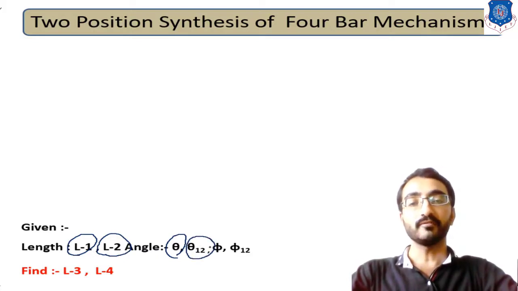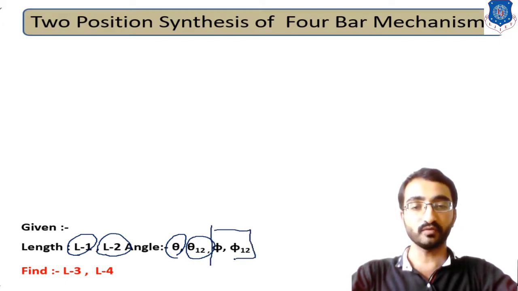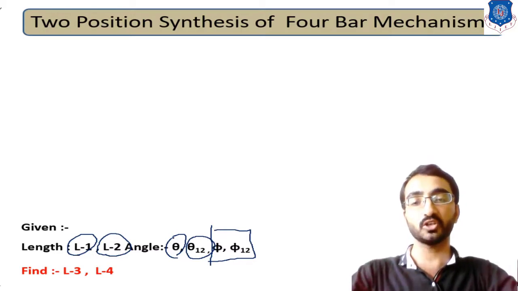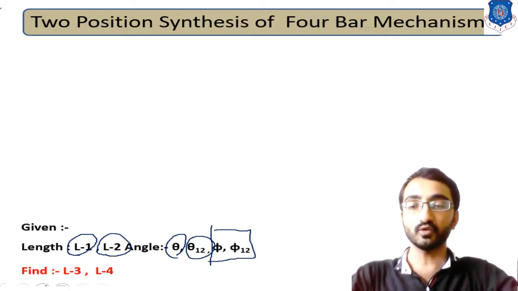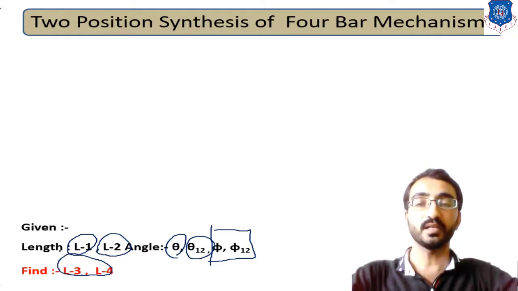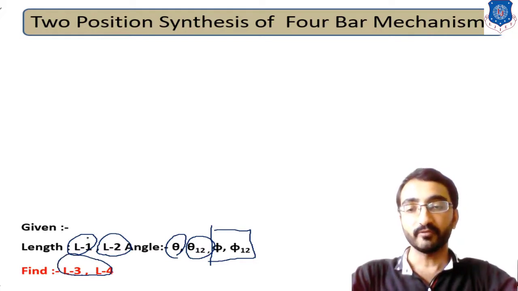Similarly for the output link it is given as phi and phi 1 2. Okay, so we have 2 different positions, theta and theta 1 2, phi and phi 1 2, which represent the position of input and output. Okay, so how can we start? We have to find out the lengths of the remaining 2 links.